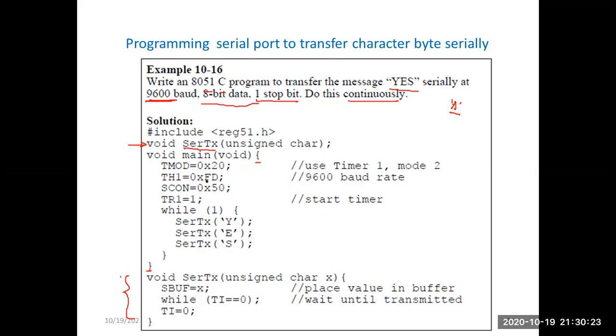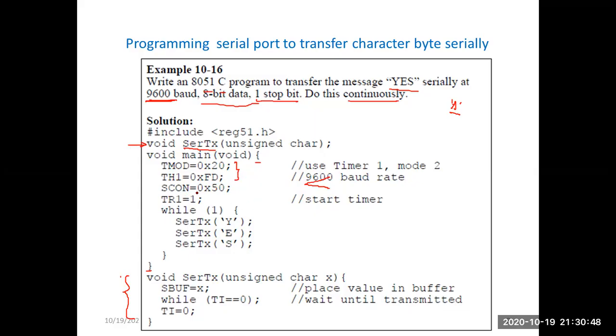When I load 0xFD into TH1, this will configure the serial port of 8051 with baud rate 9600. So these two statements will configure the serial port of 8051 with 9600 baud rate.